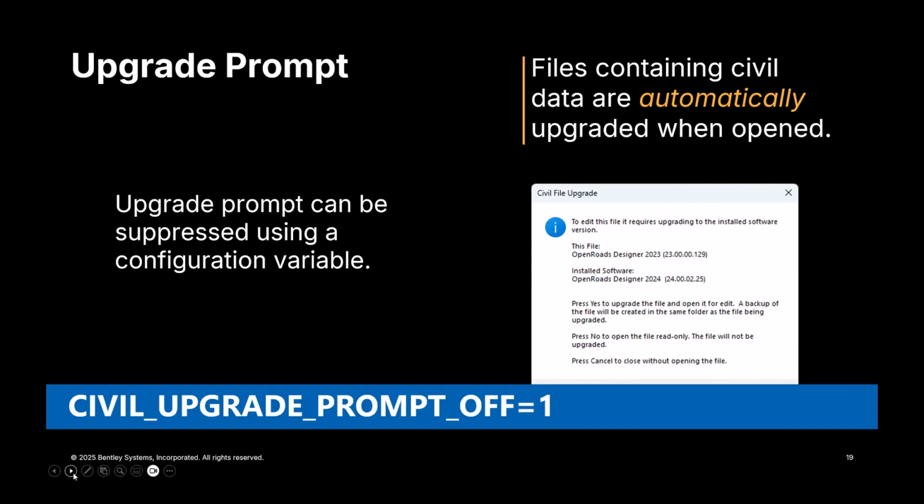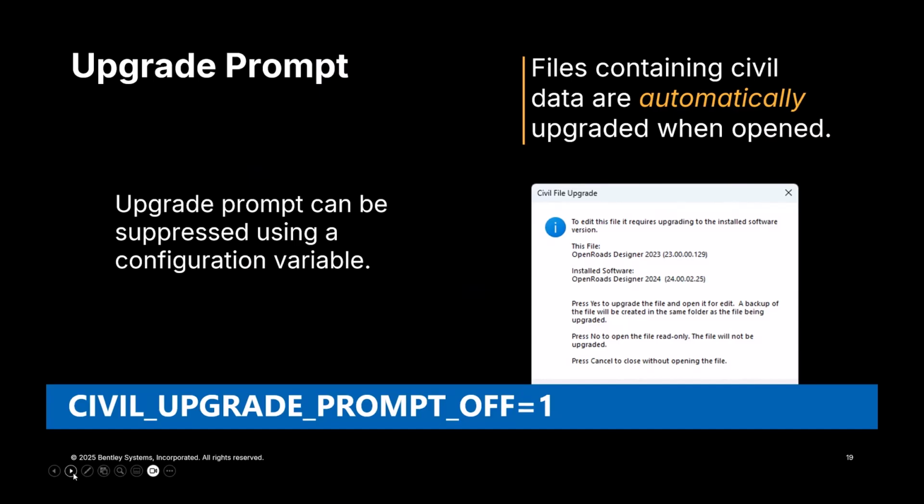They may open a file and it upgrades, and now somebody else on that team with older software needs to use that same file. They're not going to be able to open, read, or write it. They would need to either downgrade that file or upgrade their software. So within a project team, it does make sense to try to keep them on the same software.